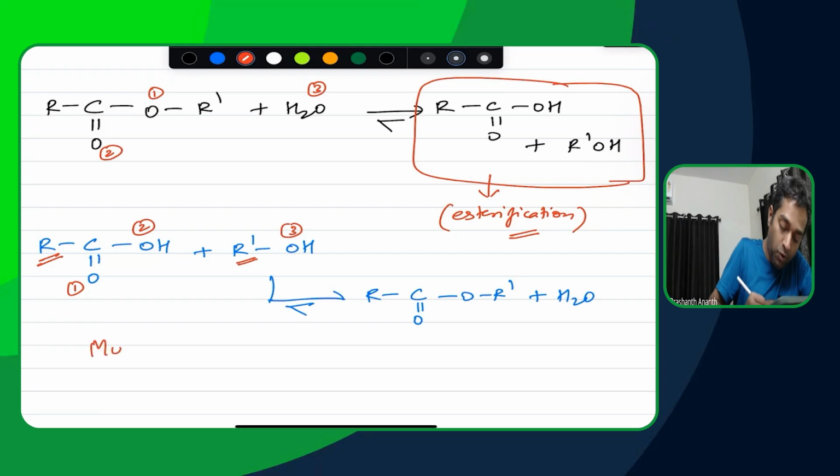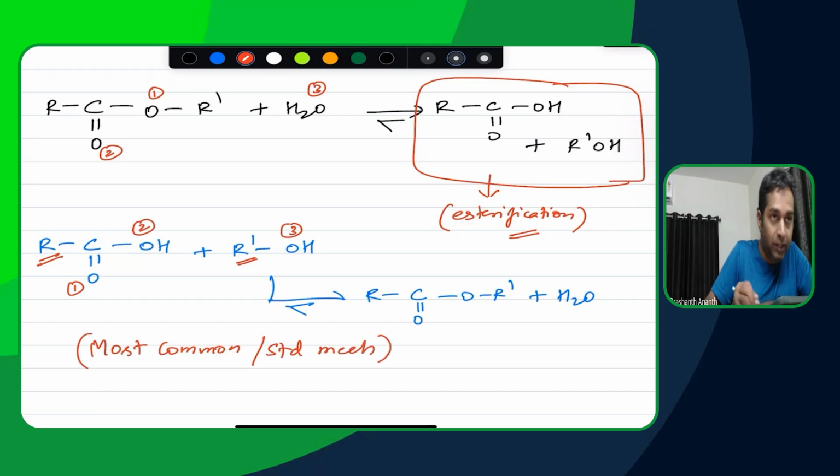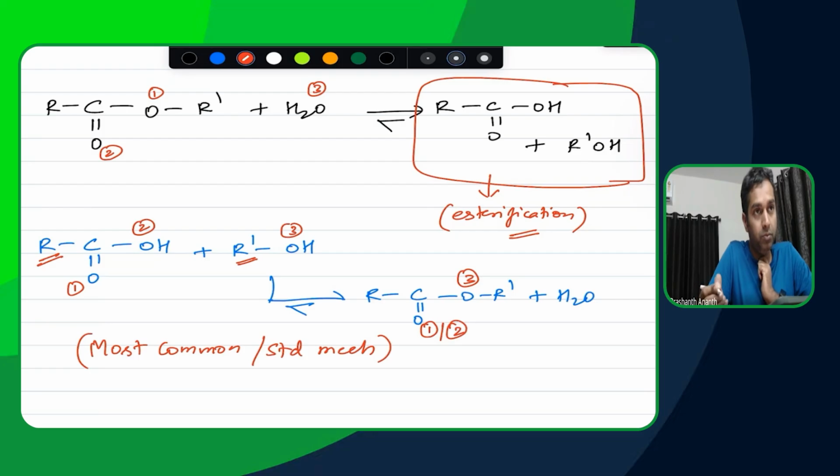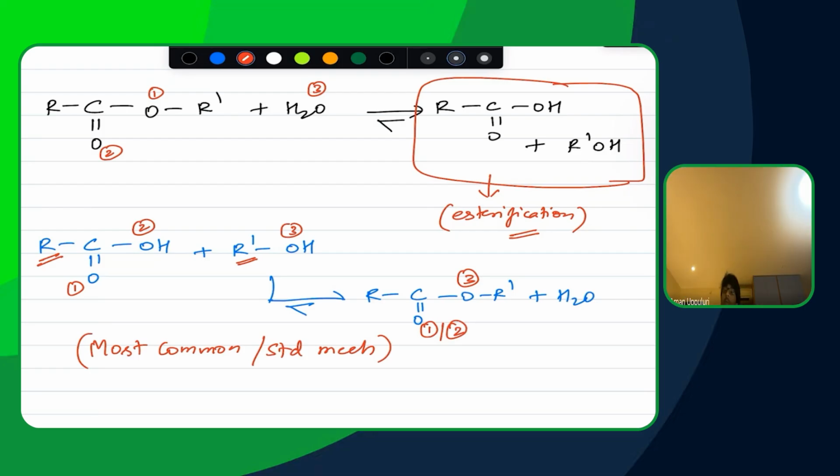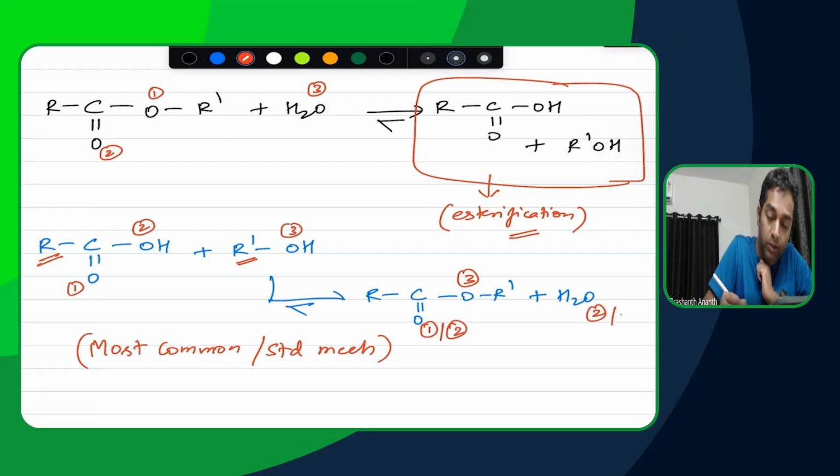But the most common, standard mechanism: you'll have this as 3. This can be 1 or this can be 2. This will be 2 or this will be 1.